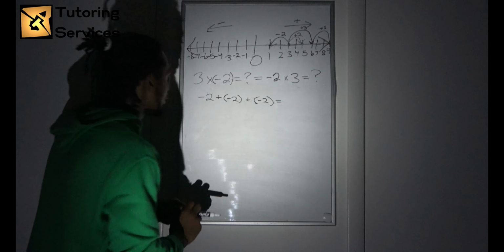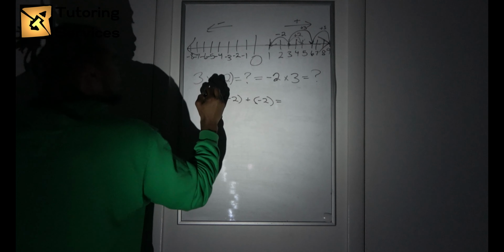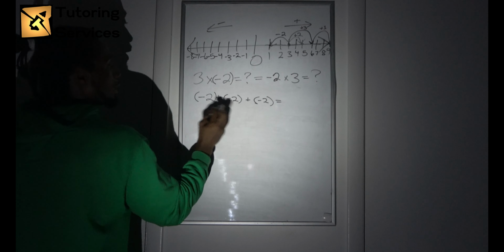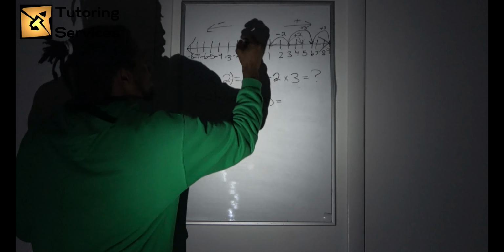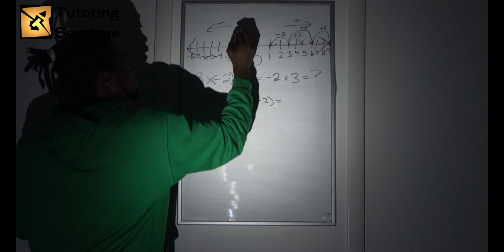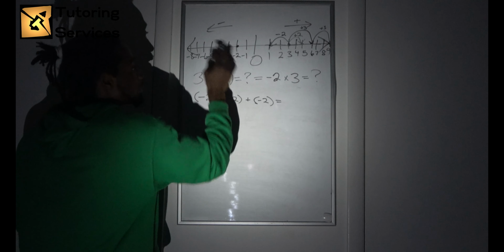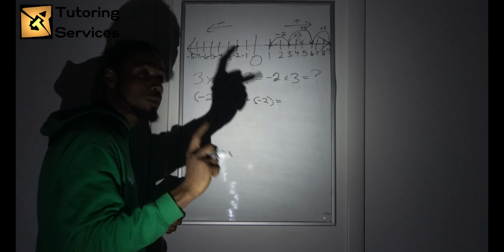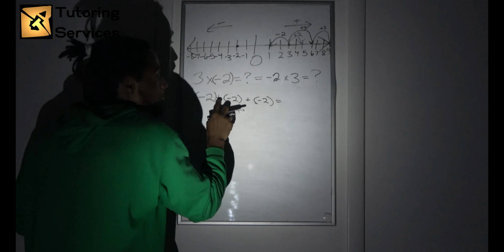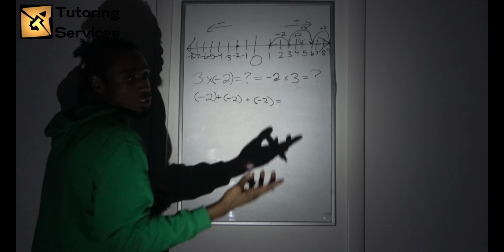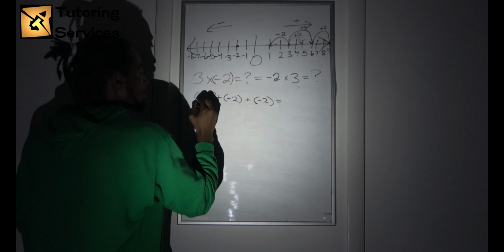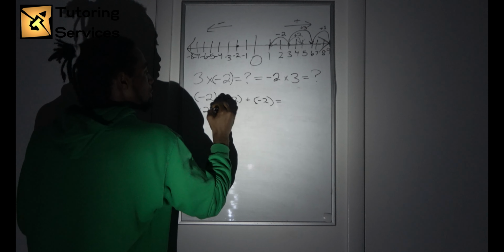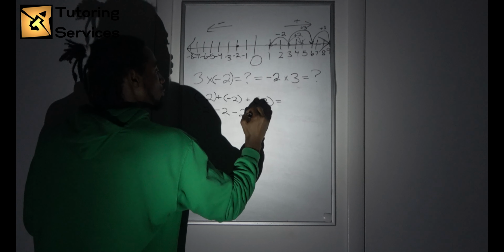Which equals what? Negative 2. We start here. And then we're adding negative 2. So we keep going in this direction because, if you know from the last tutorial, anytime you're adding a negative, you're just subtracting that number. So this ends up becoming negative 2 minus 2 minus 2.